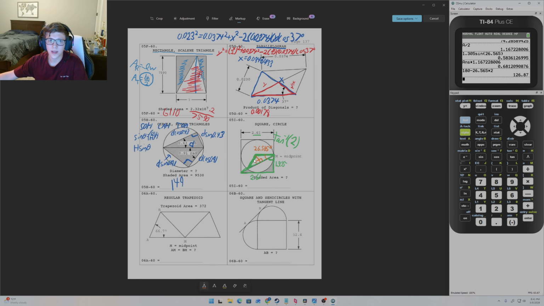That right there tells us that this angle right here is 127.87 roughly. Divide that by 360, multiply it by 1.305 squared times pi. All right, that gives us the area of this entire segment, and subtract it from the area we just found. And now we have what this area is, 1.2 roughly.